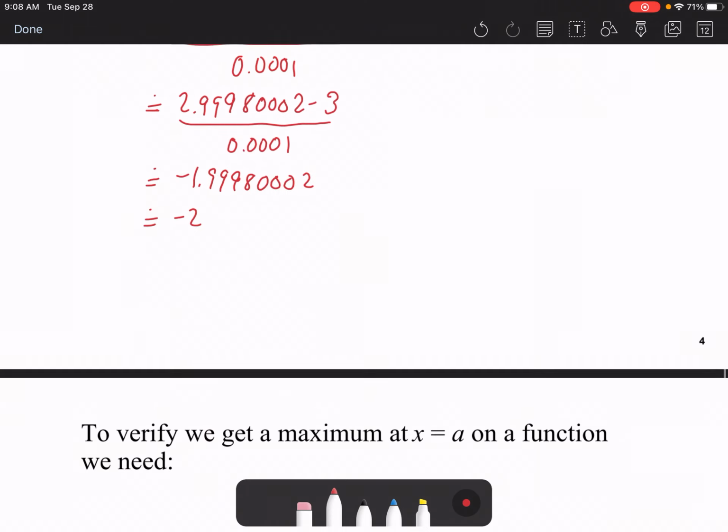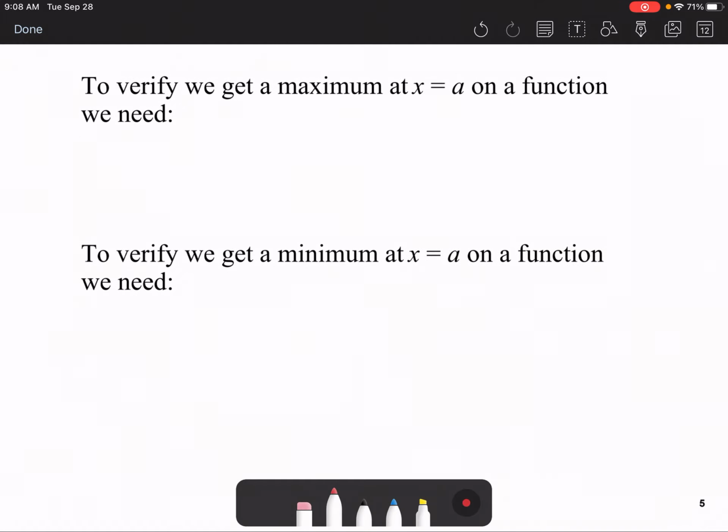Okay, so we can use instantaneous rates of change to verify that we have a maximum or a minimum on a function. For a maximum, let me draw an example. So here's our function, f of x. We have a maximum at this point.